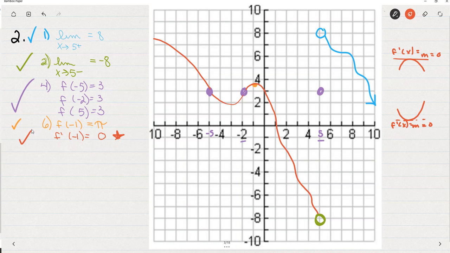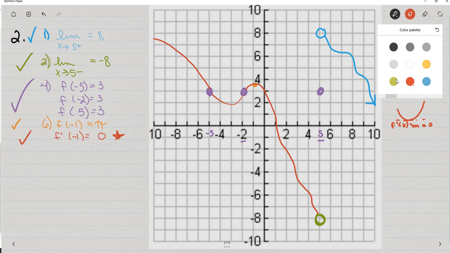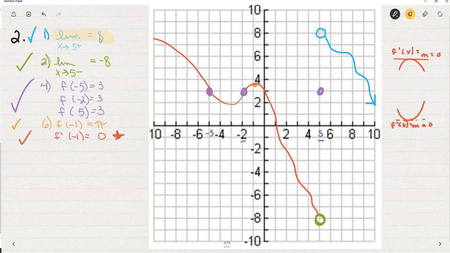Let's run through each one. Let me turn on the highlighter here. We've got that the limit as x approaches 5 from the right is approaching 8. We've got the limit as x approaches 5 from the left is getting closer to, the function is getting closer to -8. Doesn't actually equal -8, and that's why we've got an open circle here, but it's getting closer. The value of the function when x is -5 is 3.